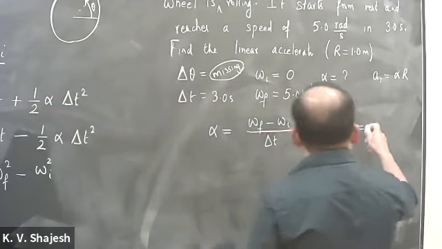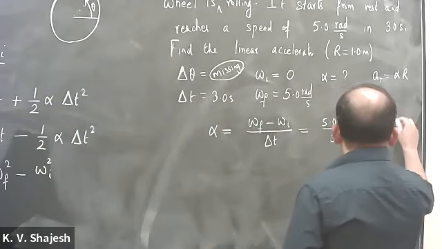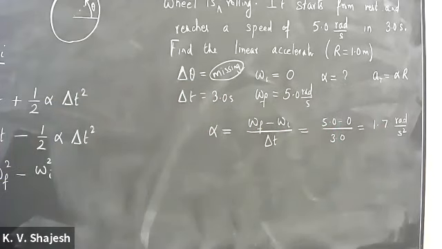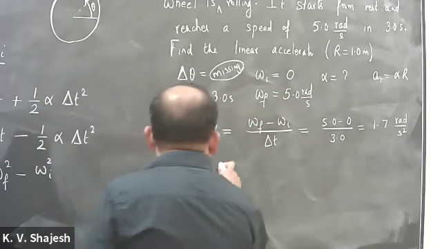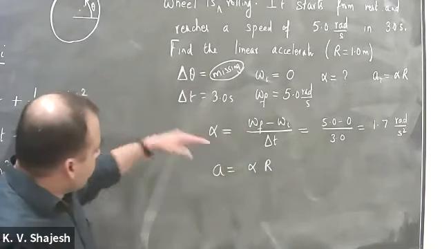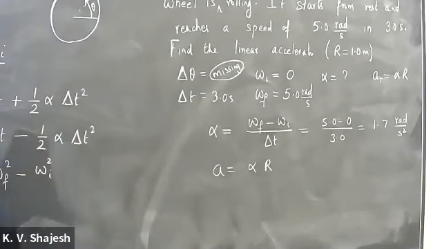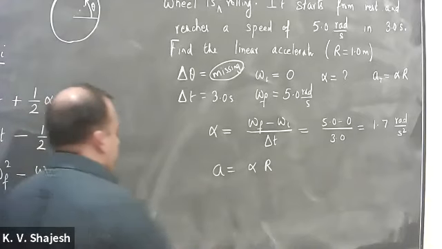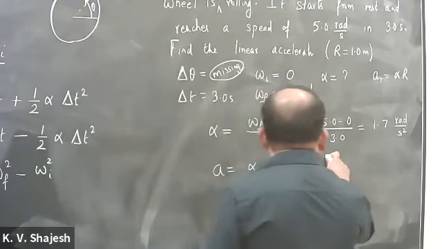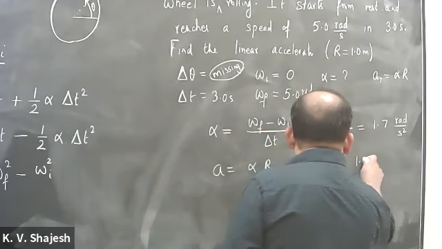So that's 1.7 radians per second square. And acceleration then is alpha times r. That's a connection. So if it was just angular motion, you would be satisfied with this, but we are converting this from angular to linear motion at this point. And this is equal to 1.7 radians per second square times 1 meter.